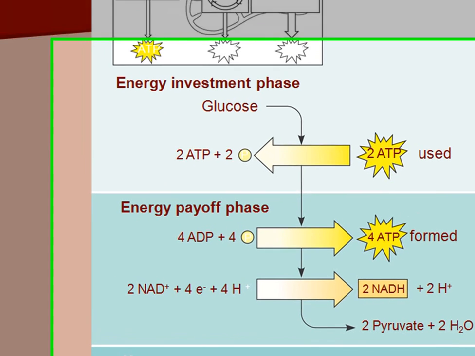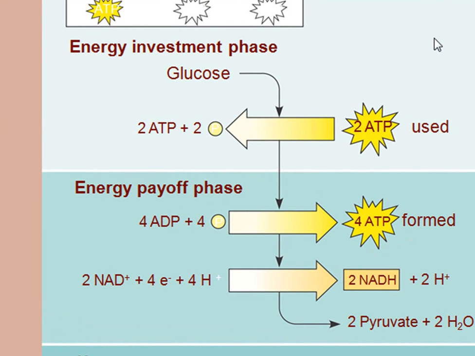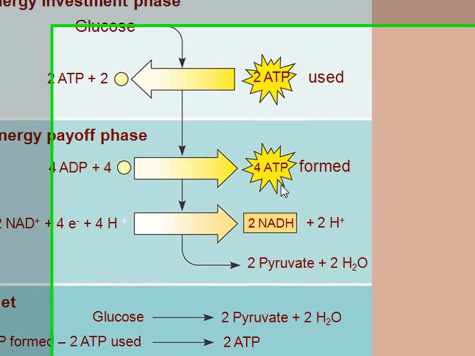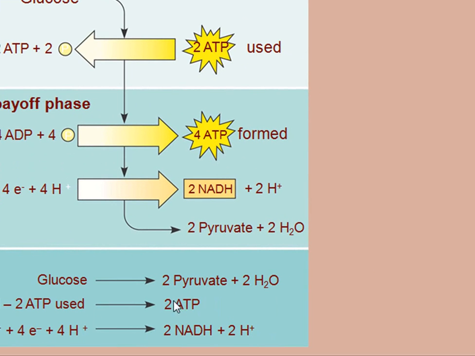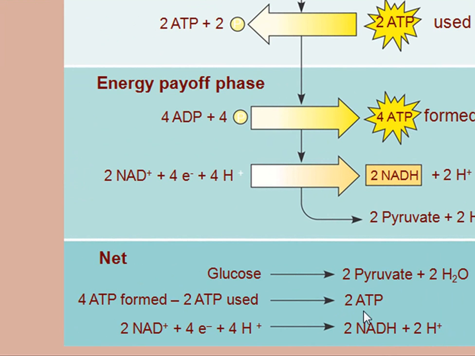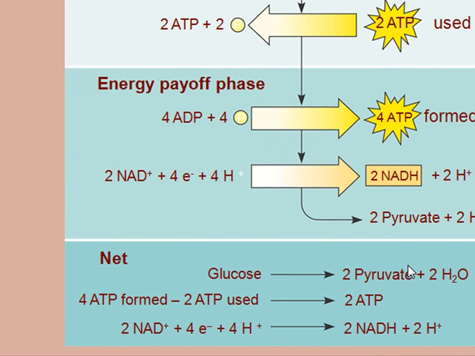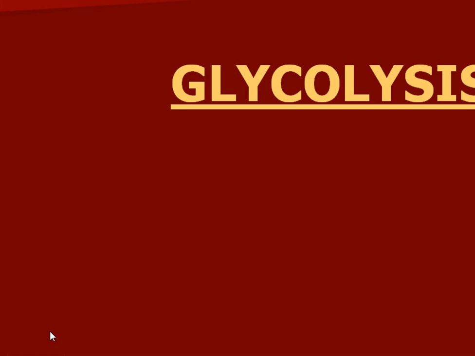Because we had to put 2 in, when we get 4 ATPs back out, we have a net gain of 2 ATPs, 2 NADHs plus 2 H plus, and 2 pyruvates. Now if we watch a short little video on what's going on here, we will be able to see this glycolysis in process.